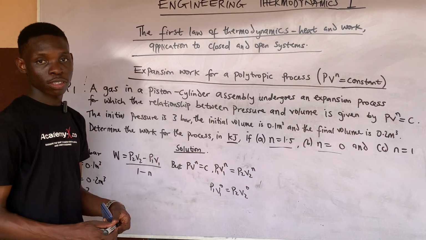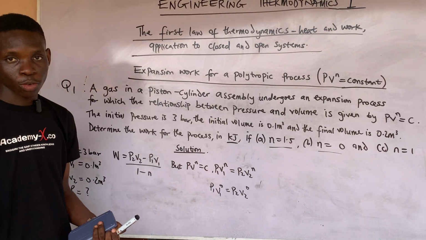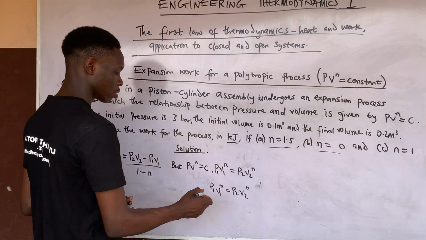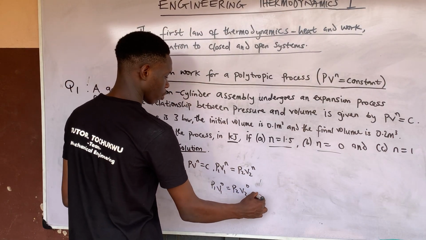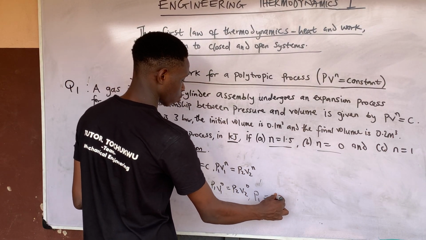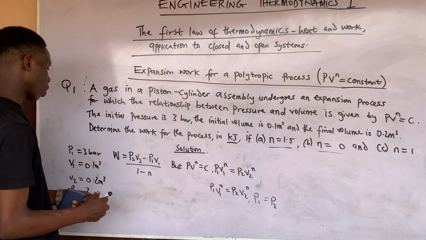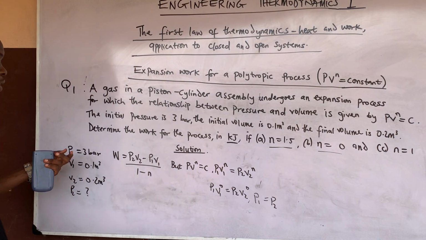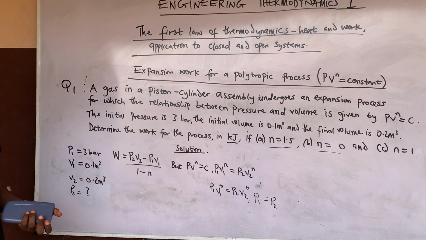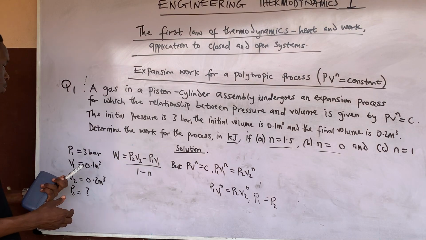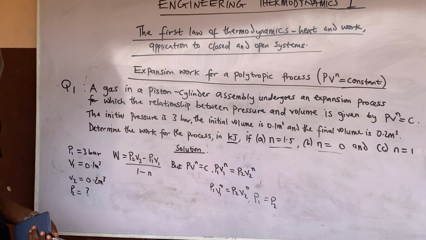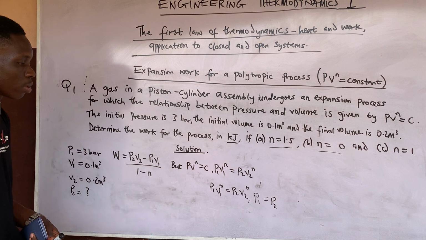Any quantity to the power of 0 is just 1. So we have P1 equals P2, meaning that my pressure at state 1 equals my pressure at state 2. If P1 is 3 bar, my P2 also will be 3 bar.